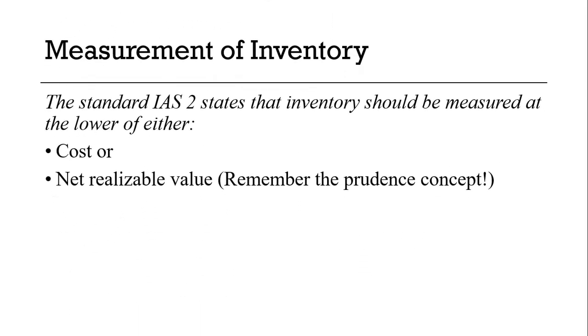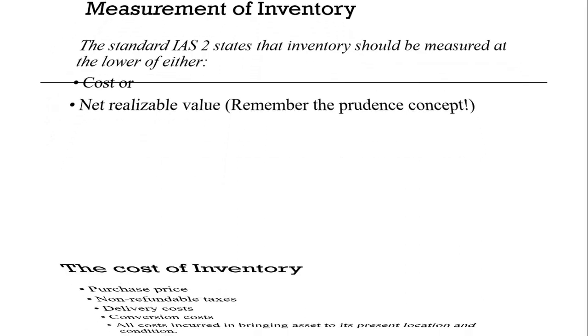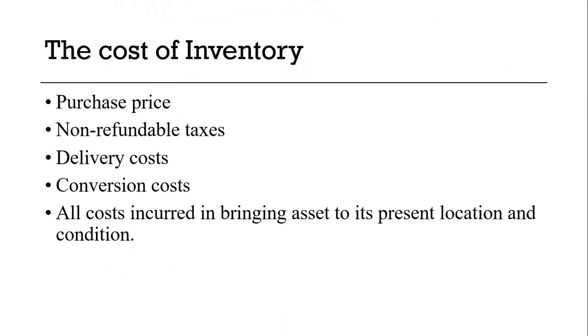Now, measurement is a key item under inventory. The standard IAS 2 states that inventory should be measured at the lower of either the cost or net realizable value. Remember, of course, what we call your prudence concept.